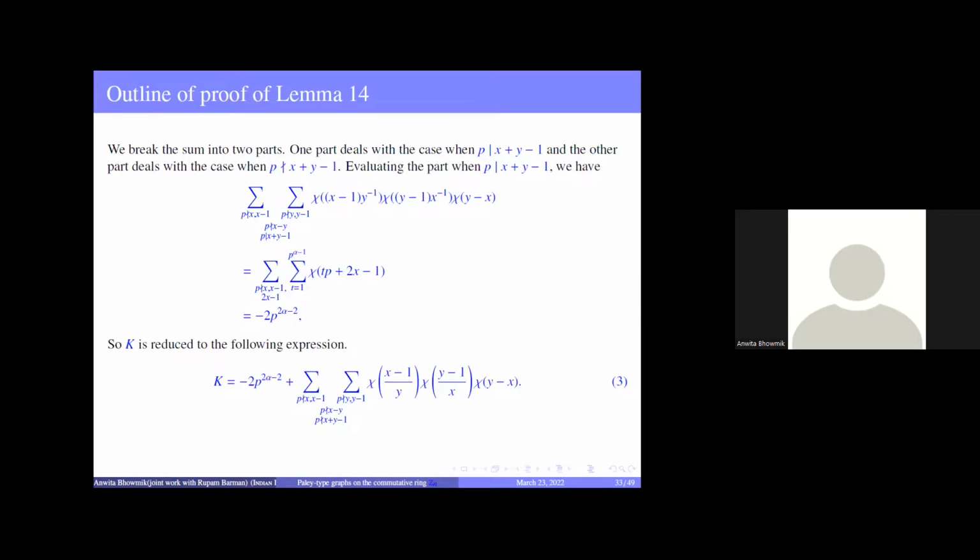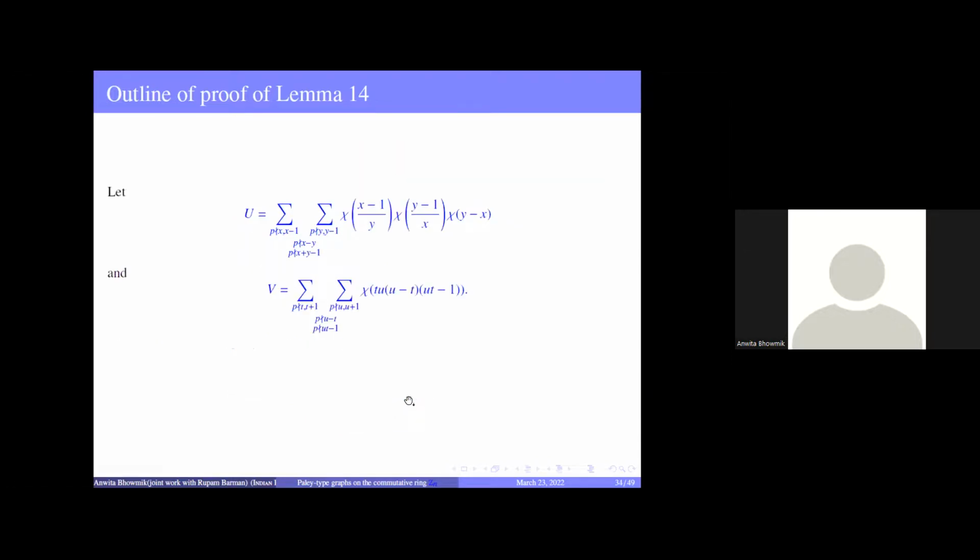Now this bigger sum in the last line, if I call it capital U, I want to write capital U as capital V by introducing two new variables. That is possible because I have excluded the case where p divides x plus y minus 1.